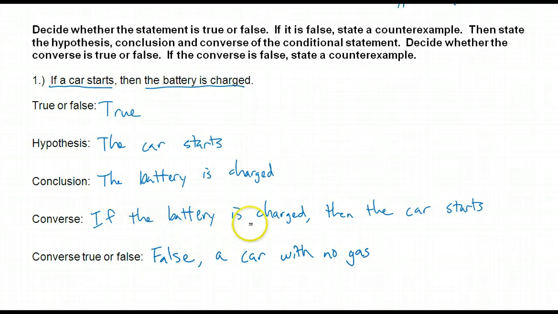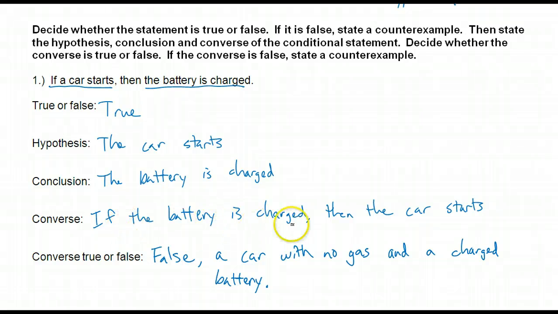But I have to make sure that my hypothesis is also true. So a car with no gas and a charged battery. So this counterexample makes my hypothesis true and my conclusion false.